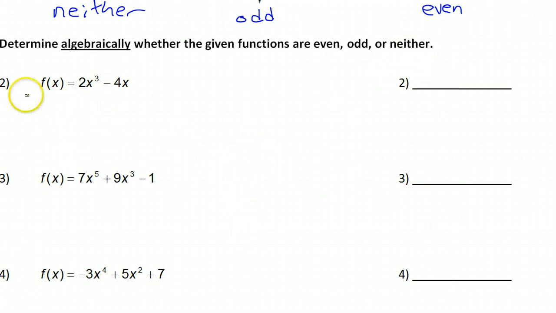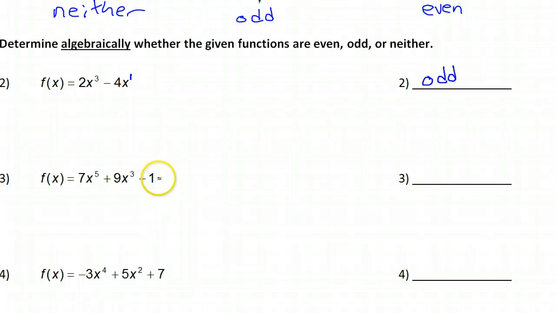So, for example, looking at number 2, I see this third power, and then this x is like x to the 1 power. All of the exponents are odd, so I know ahead of time this is an odd function. Now looking at this one, I see the 5, I see the 3.